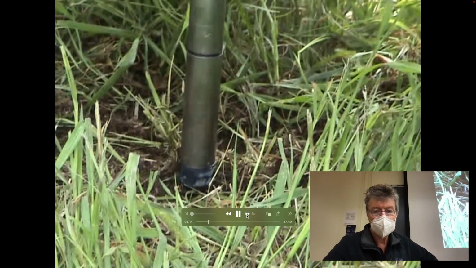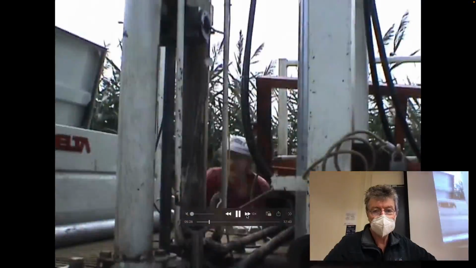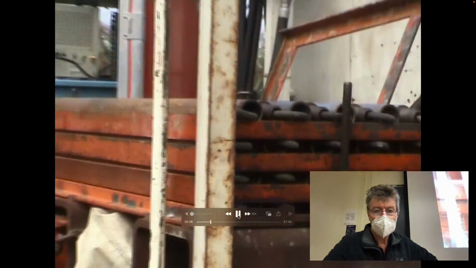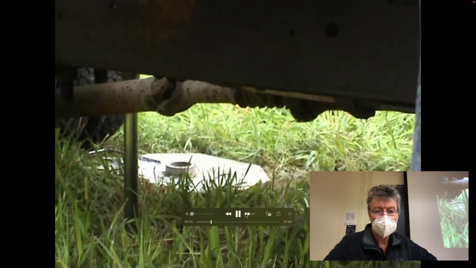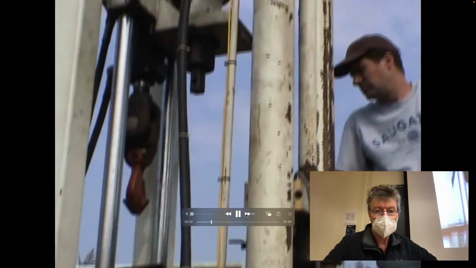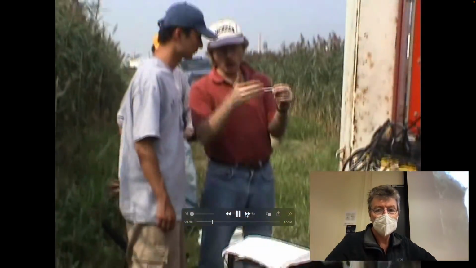And this is dithering over putting it into the ground. So this is the stanchion that's pushed down to push it into the ground.